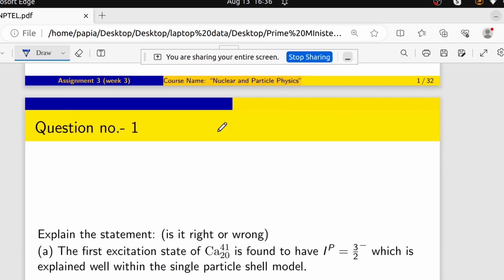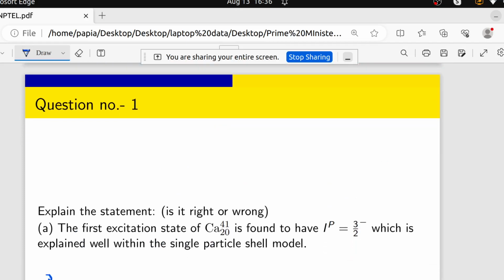The nucleus they have considered is calcium-41. From that notation we can get the neutron number and proton number. Proton number is 20, neutron number is 41 minus 20, which is 21.